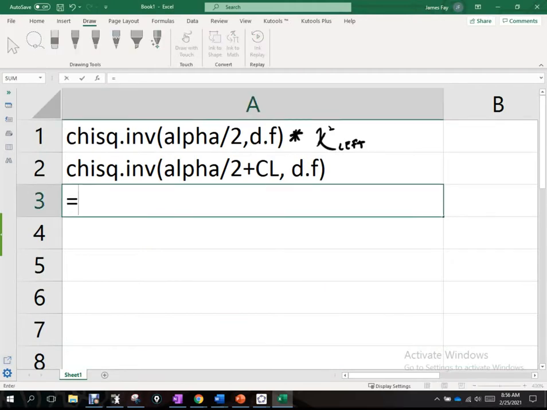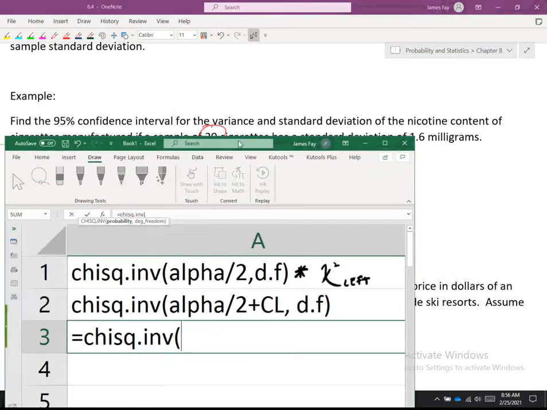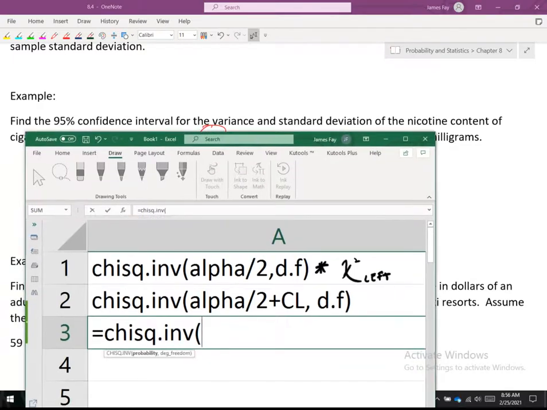I'm going to hit equals CHISQ.INV, alpha over 2, okay. So we want 95% confidence. So what is alpha? 0.05, okay? So alpha is the complement of your confidence level.